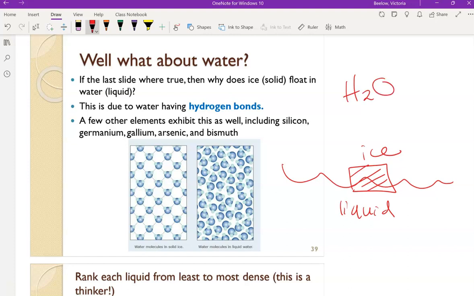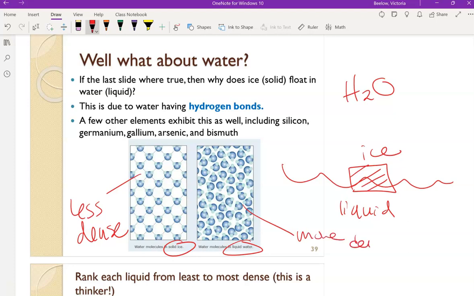H2O, water. And that has to deal with how water bonds. In its solid form, this is what it looks like. You can see that this is less dense because the molecules are more spread out because of how they're bonding with each other in comparison to liquid water, which is more dense.